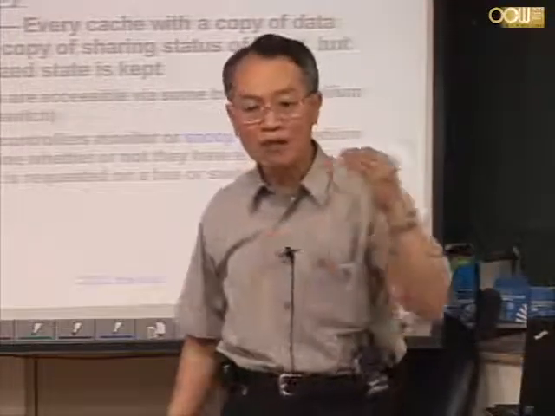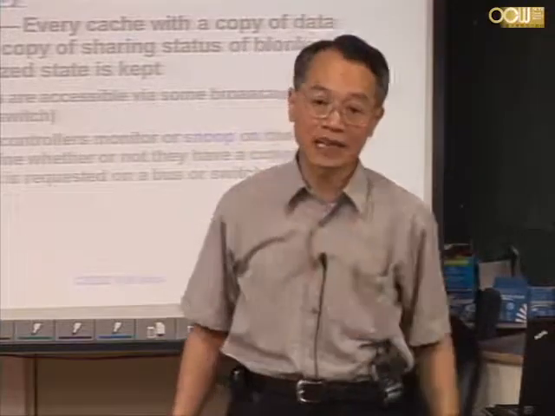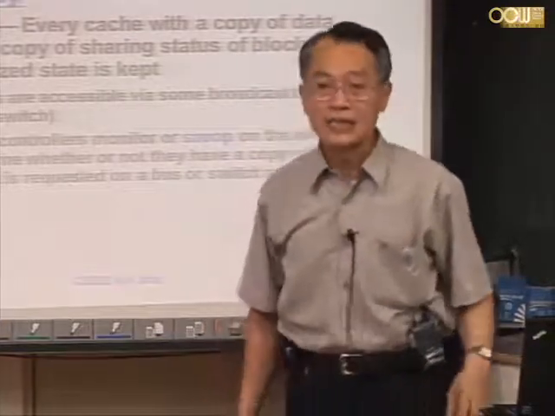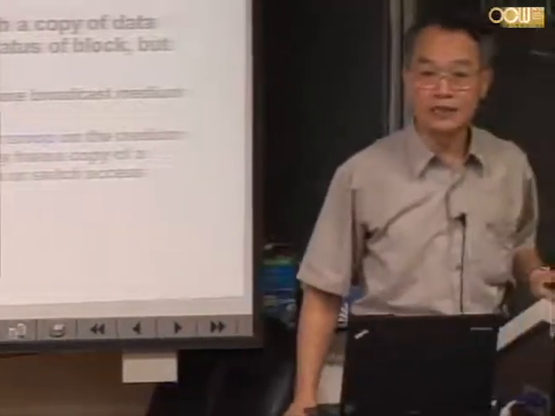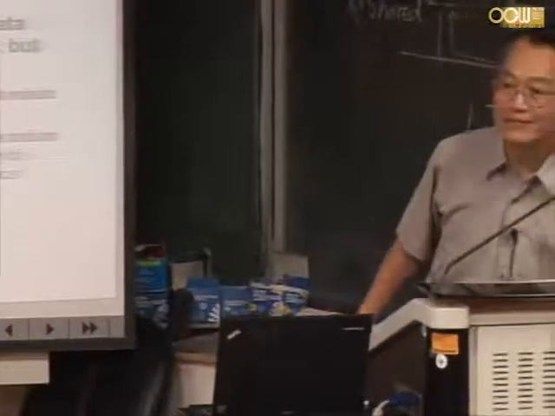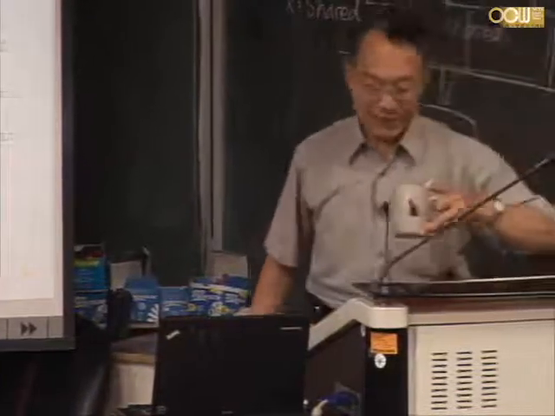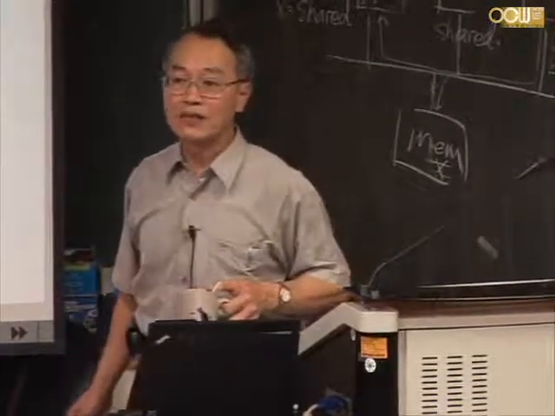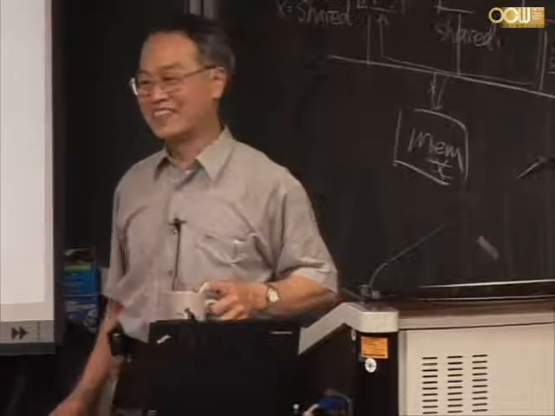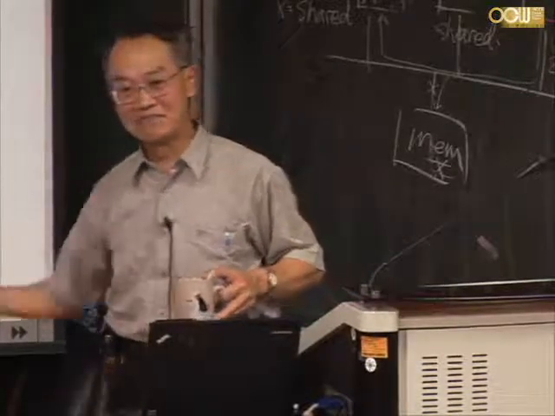Very easily, the broadcast medium is the bottleneck. Very easily it is, but it's not always guaranteed. Okay. As I told you, a good design should have bottlenecks everywhere. In other words, the system is balanced.